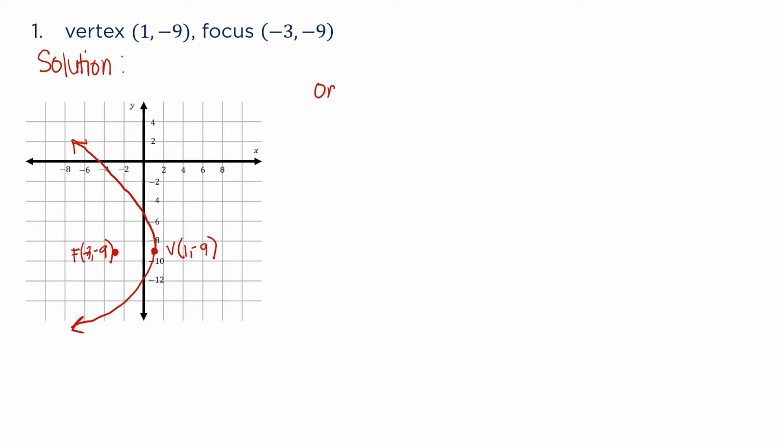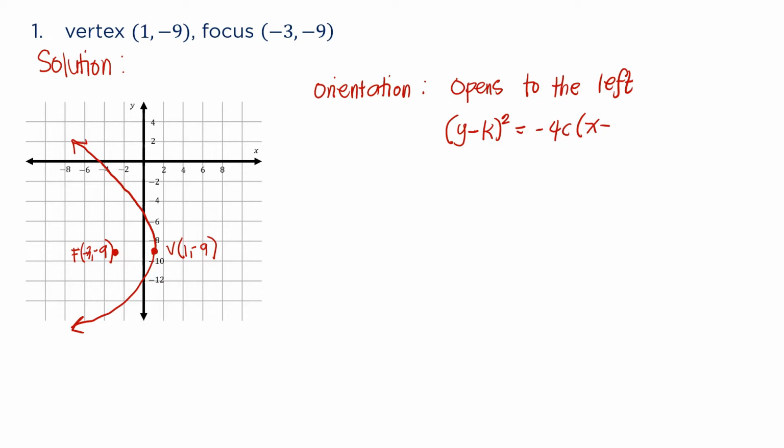So, our orientation now: it opens to the left. Since it opens to the left, our equation will look like this: (y - k)^2 = -4c(x - h).